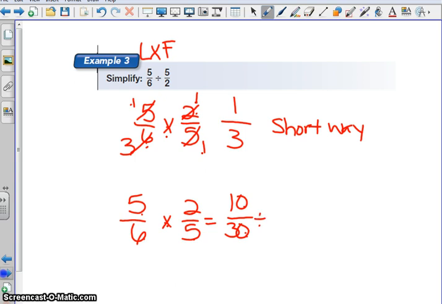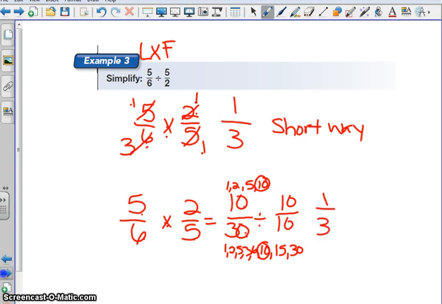I think looking at the factors 1, 2, 5, and 10, 1, 2, 5, 3, 6, 10, 15, and 30, our greatest common factor is 10. So let's take a 10 out of both. 10 into 10 is 1. 10 into 30 is 3. So you still get 1/3 as an answer. This is just called the long way.